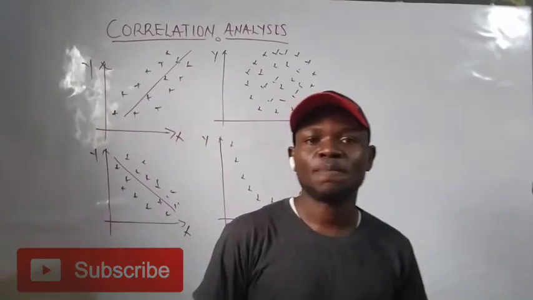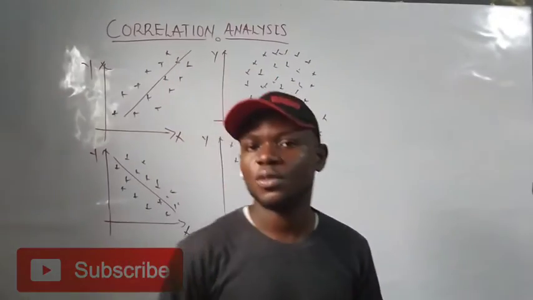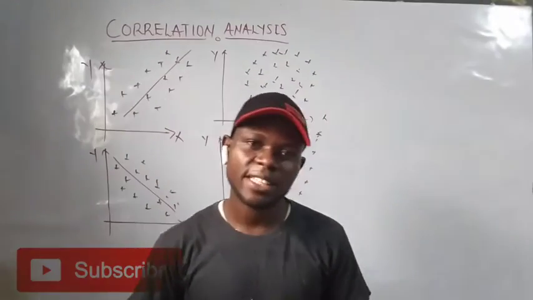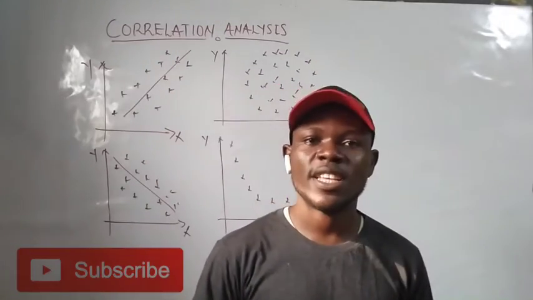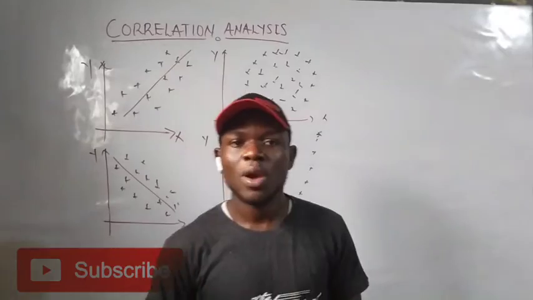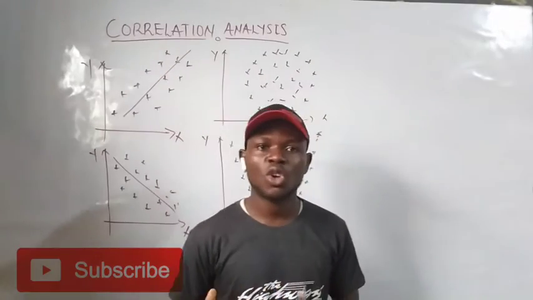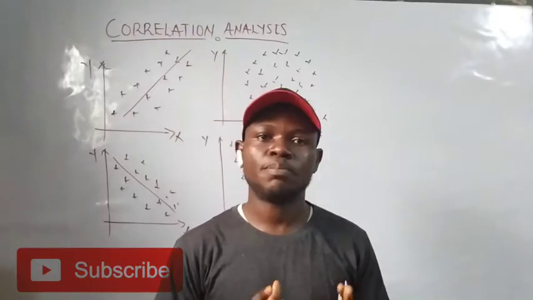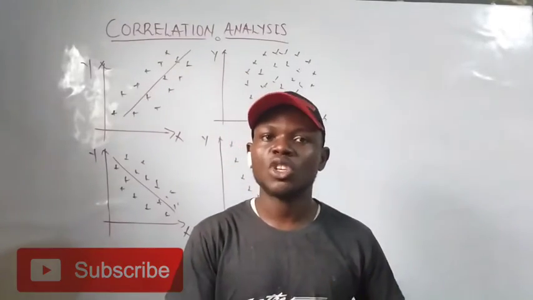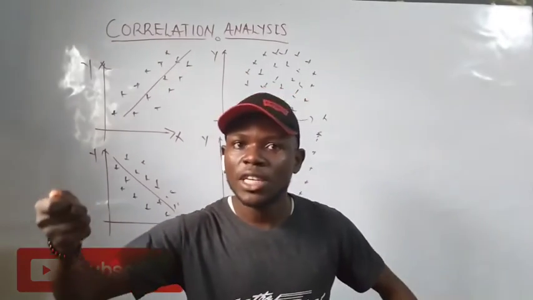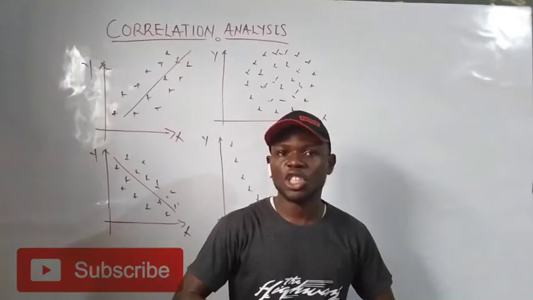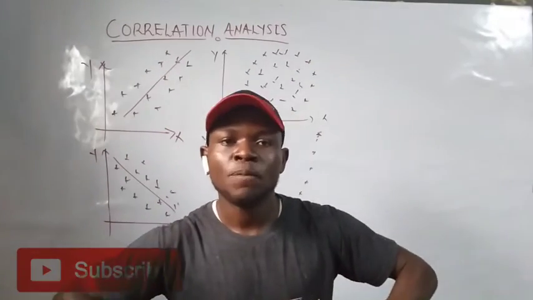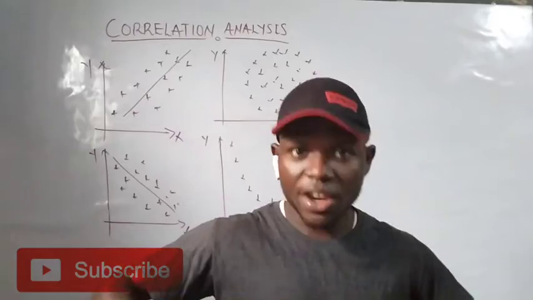Welcome to class once again. Now we have discussed the concept of the relationship that can exist between two variables, say x and y, that can be perfect. And we said such a relationship exists in the field of sciences, where we are studying perhaps pressure laws, the gas laws, basically. Now, we have discussed the perfect positive relationship, such that all of the points are on a straight line, and the perfect negative relationship, where all of the points are also on a straight line, only that they are in the converse direction.